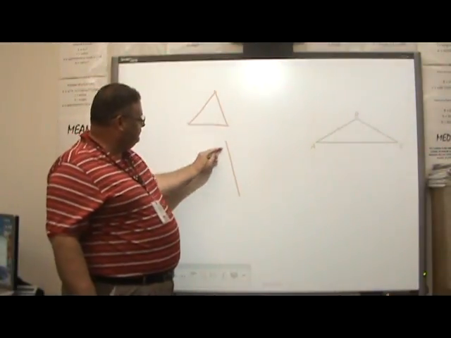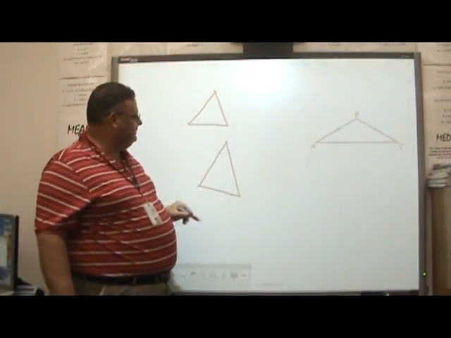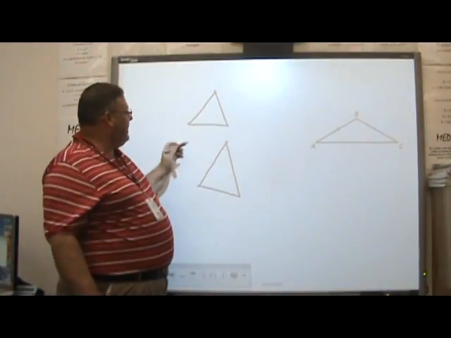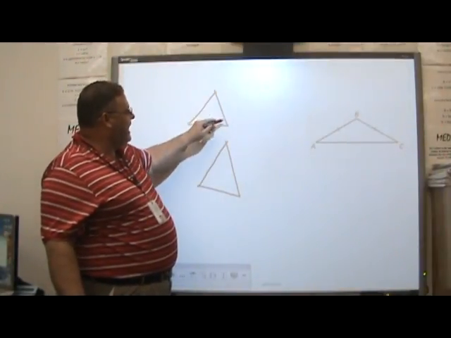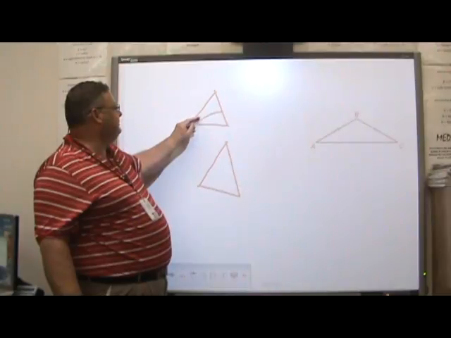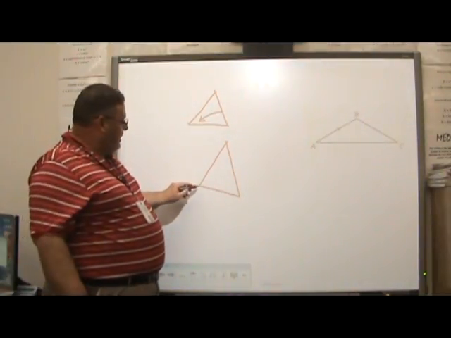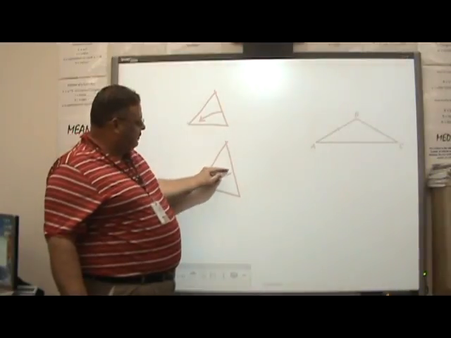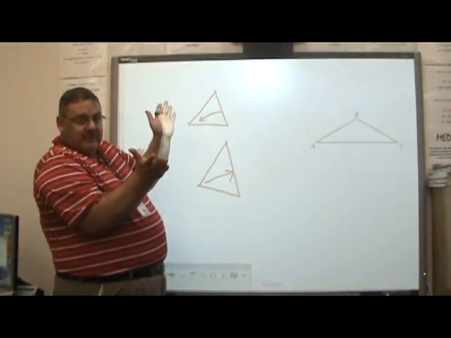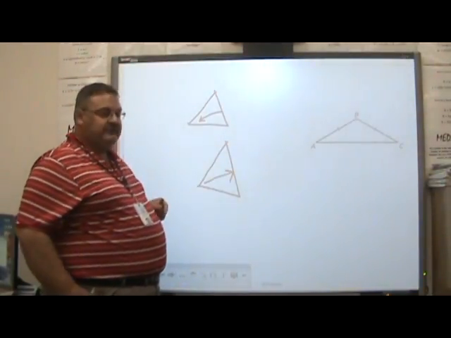You notice my angle is going to change in relation. So in a sense, the length of my side determines the opposite angle, how big it is, or my angle can help determine the size of the length.